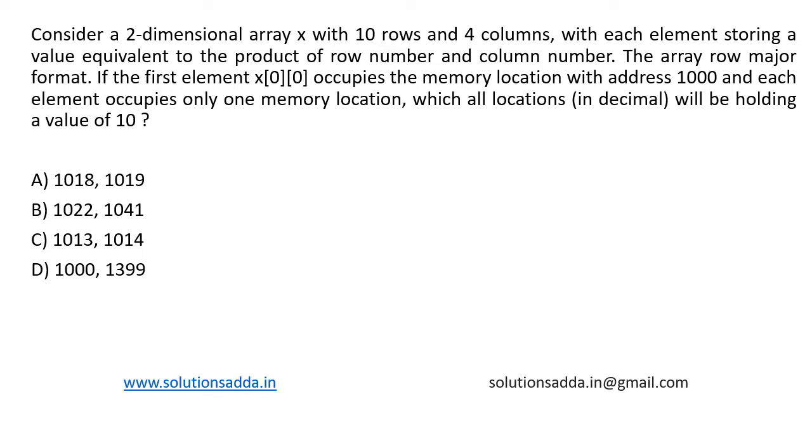So the points to note here are, first thing is row major form. And the value of a particular location is the product of row multiplied by column. So we have an integer array.